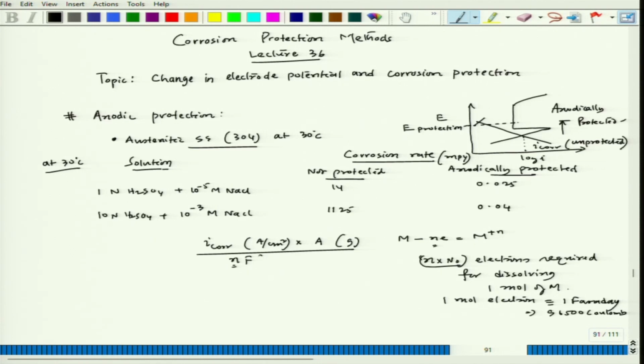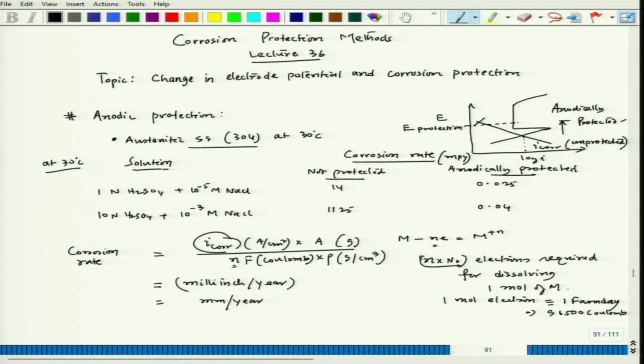So, F is in coulomb into rho. I think this is a general corrosion rate expression when we know this value. Now, this can be mentioned in terms of milli-inch per year. This can also be mentioned in terms of millimeter per year.